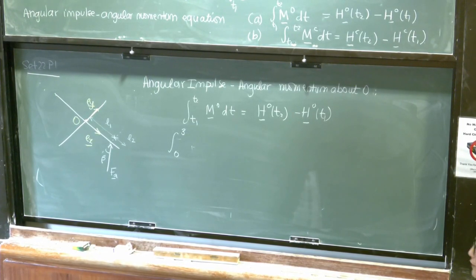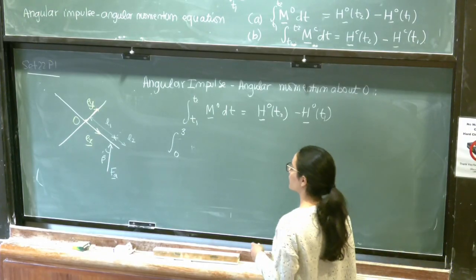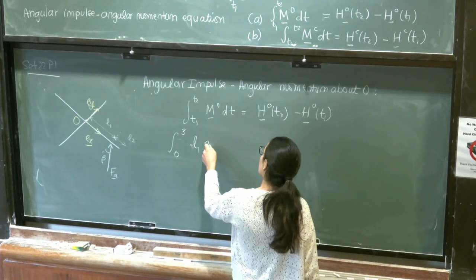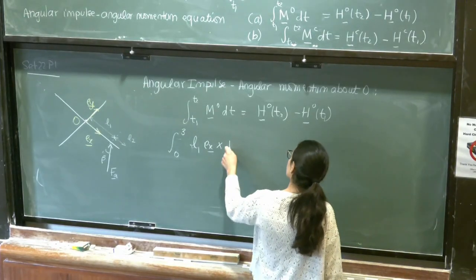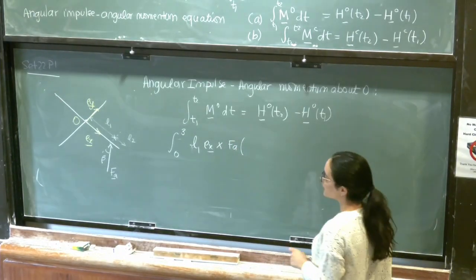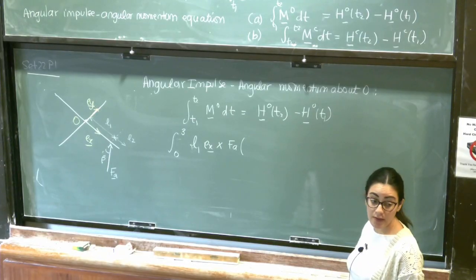R cross F, right? So what is R here? L1 EX cross the force FA, which is FA, and I have its direction too. What is its direction?